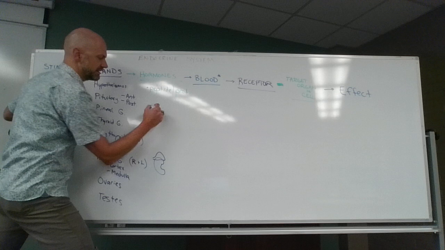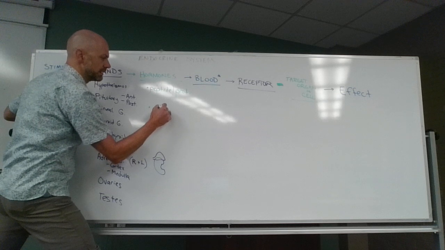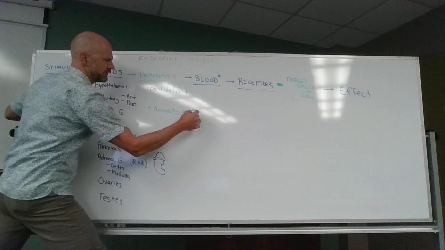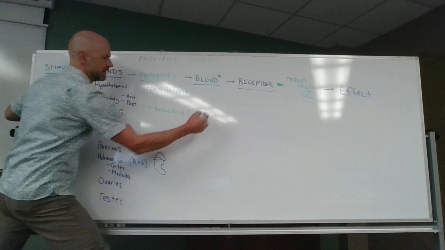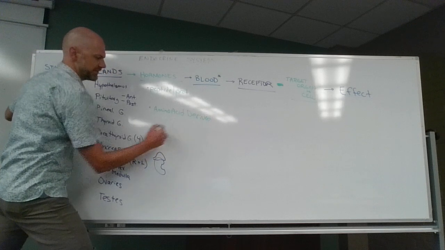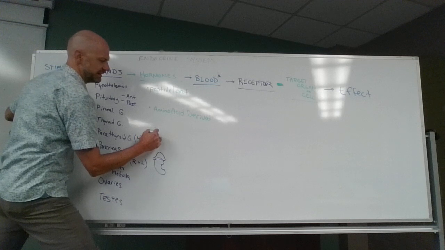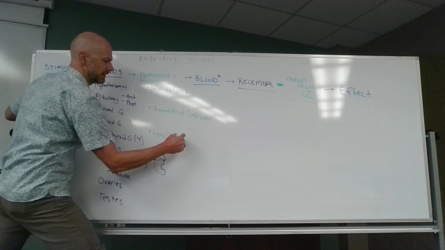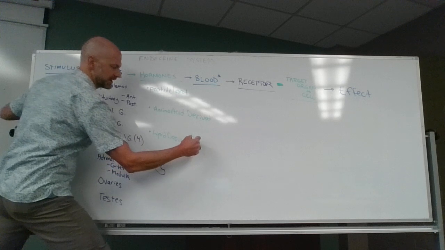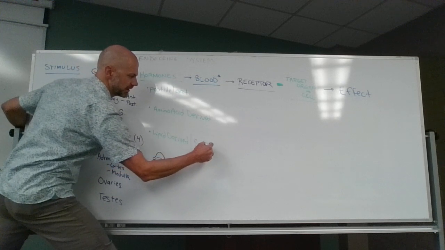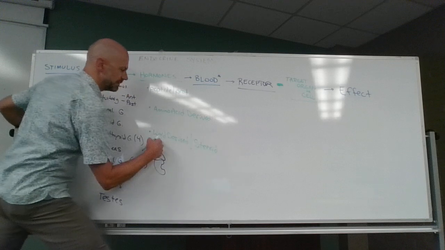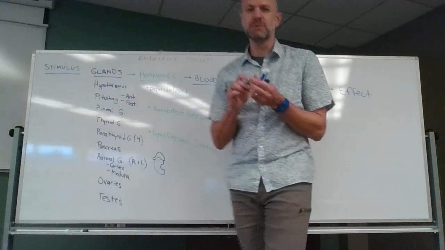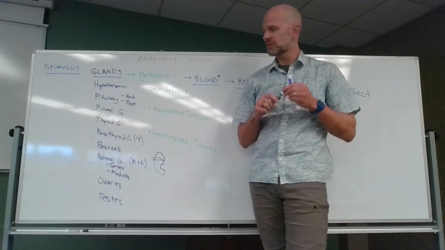The second class are the amino acid derived hormones. The third and final class are the lipid derived or steroid hormones. Okay, these are the three structural classes of our hormones.